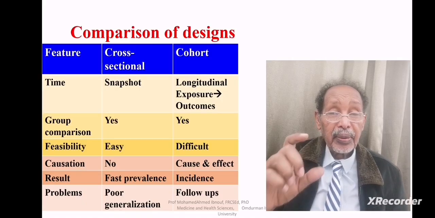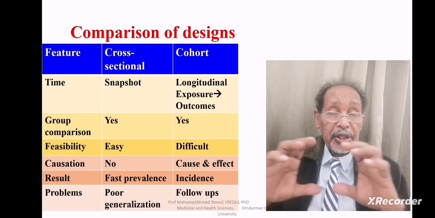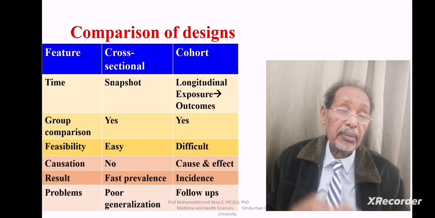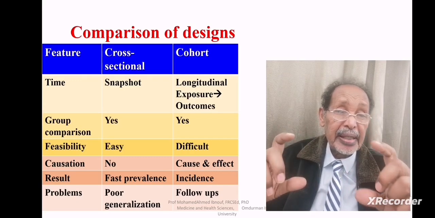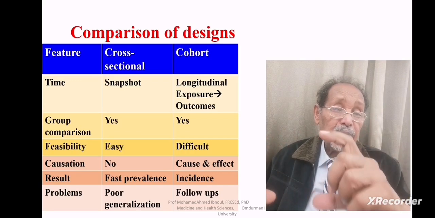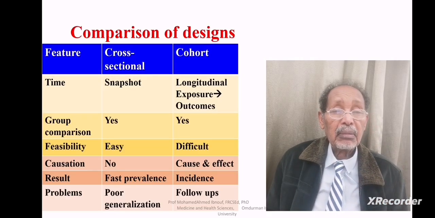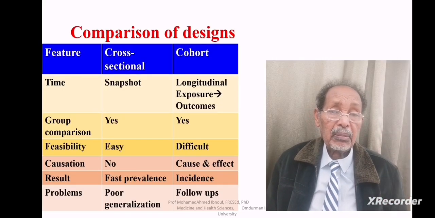However, the cross-sectional describes the relationships in a snapshot in time, in a specific period in time. It speaks about prevalence in the study period of the research, 3 months or 6 months or 1 year. The cohort usually takes long time. It is a longitudinal sort of research.